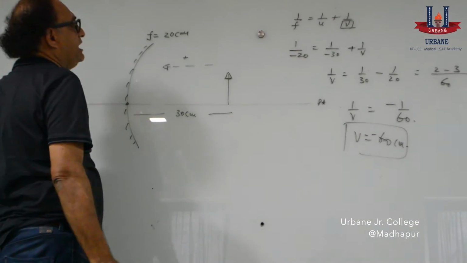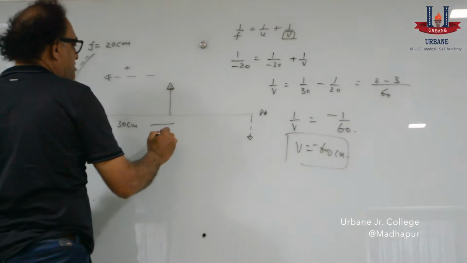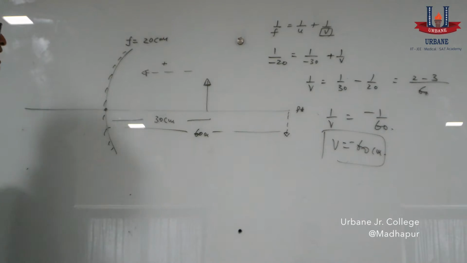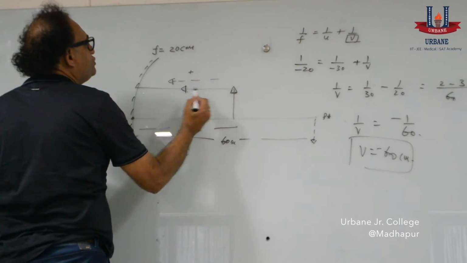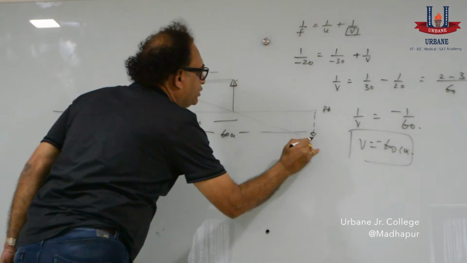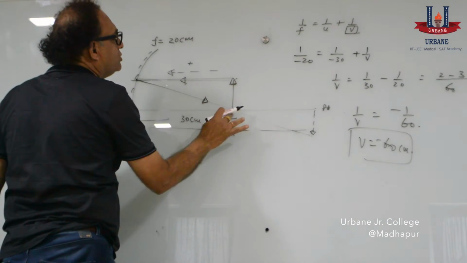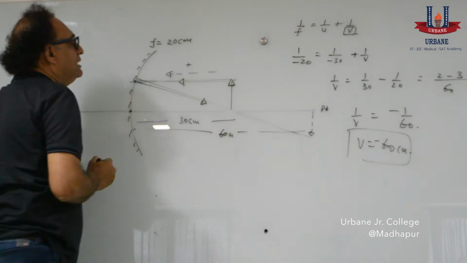That means the image is formed somewhere here at 60 centimeters from the mirror. How is this formed? We are able to see that the ray which is going to get reflected is going to meet here at this place.